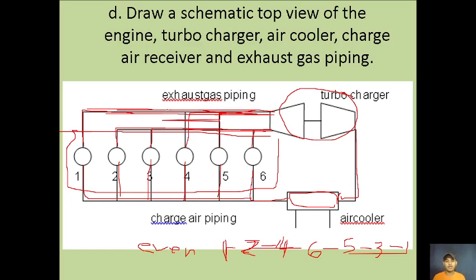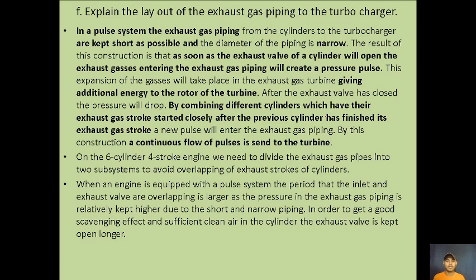So it is shortened and narrowed so that there will be a pulse given to the turbocharger exhaust side so that it will run faster. Okay, so there's a separate manifold for that. So as explained, this is letter E, not F.